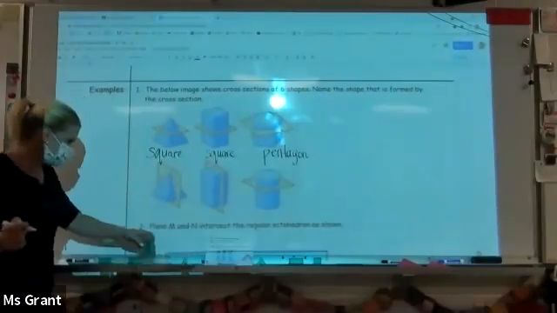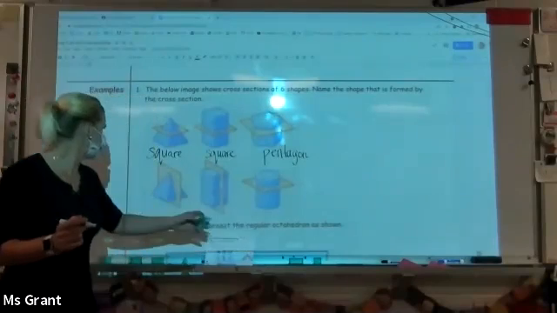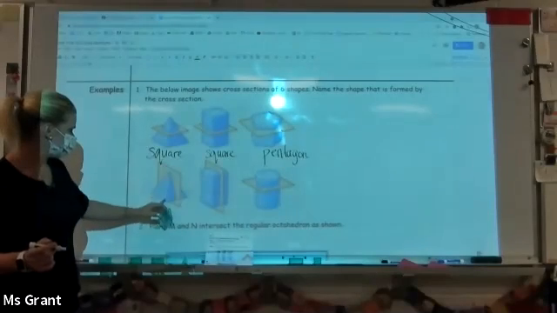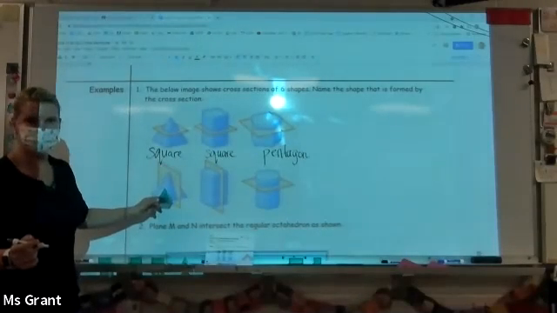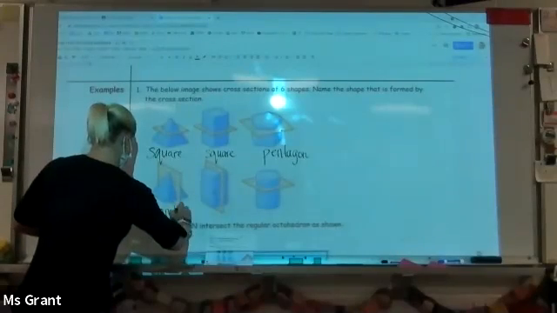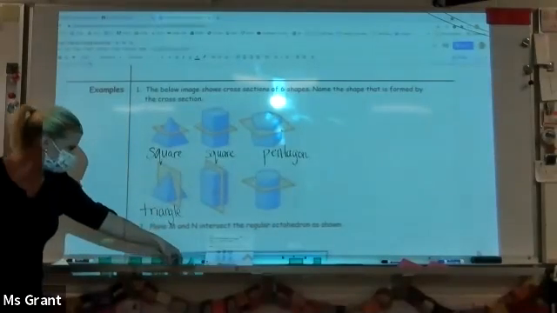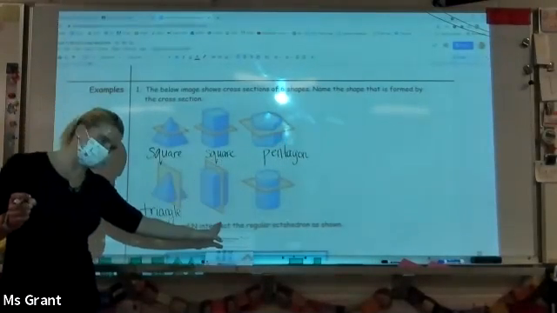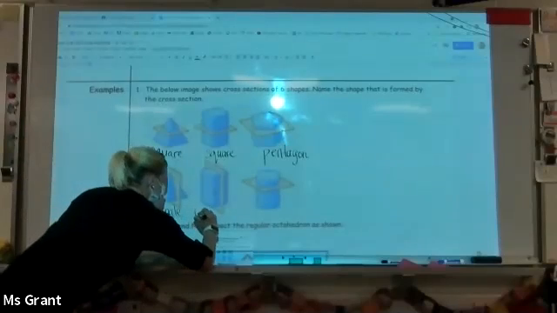Here, another pyramid, but vertically, a triangle is the cross section. Rectangular prism, vertical cross section would be a rectangle.